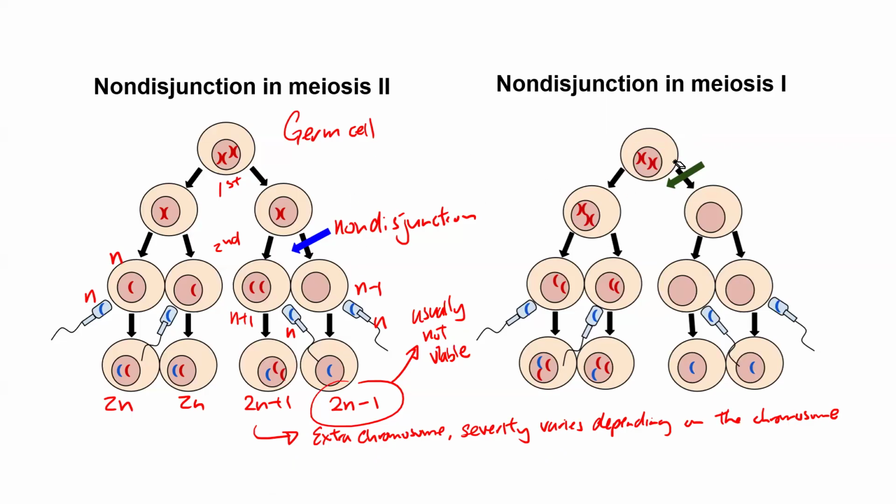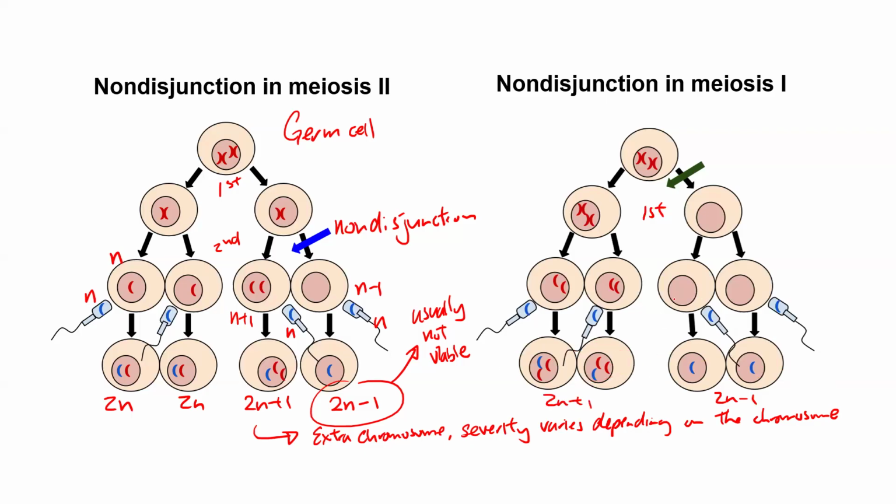Okay, so over here, what about non-disjunction in meiosis 1? Take a look. At the beginning, we have the tetrad, and after the first division, we already have a problem, right? Over here, they didn't separate at all, so these are missing, and there is nothing to separate here. So in the end, you will have 50% that's 2N minus 1, and 50% that's 2N plus 1.